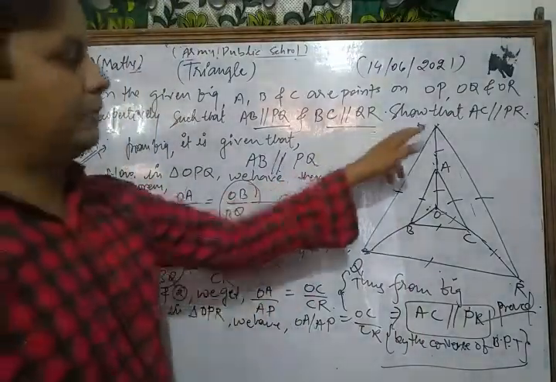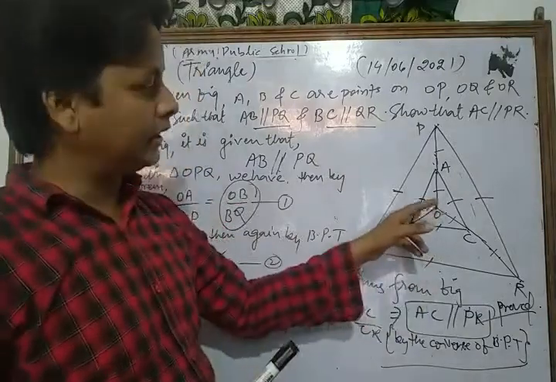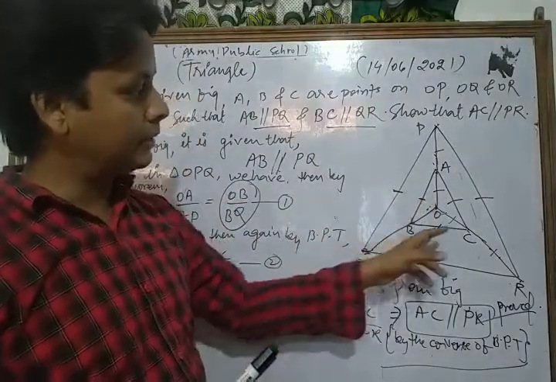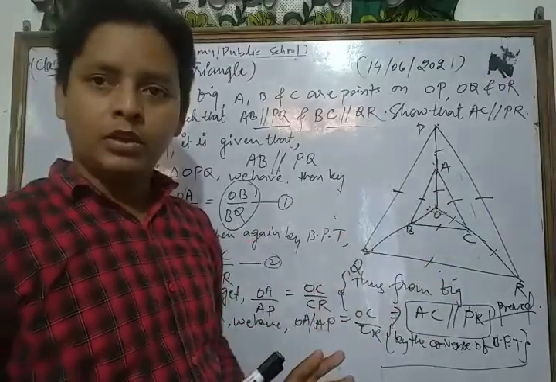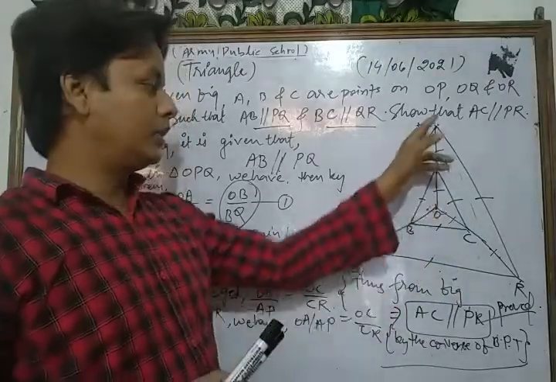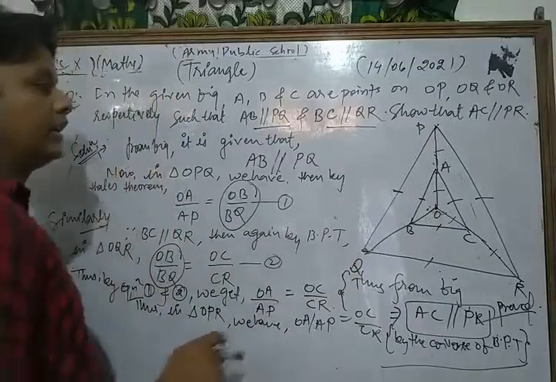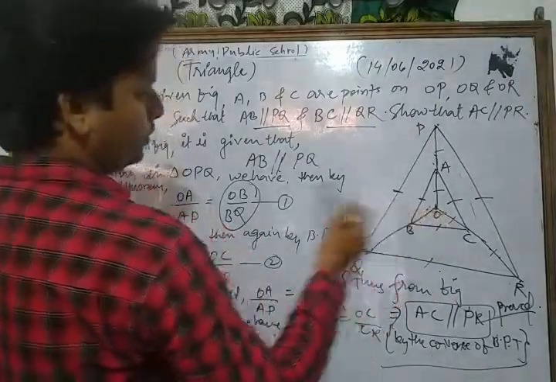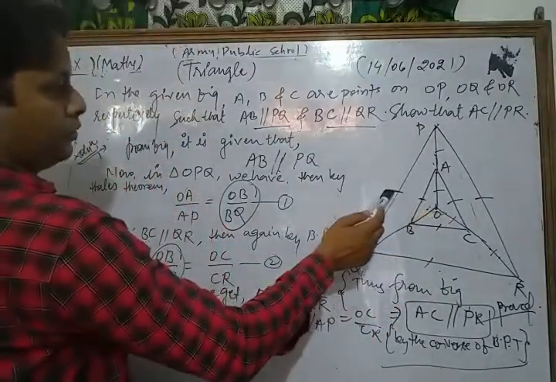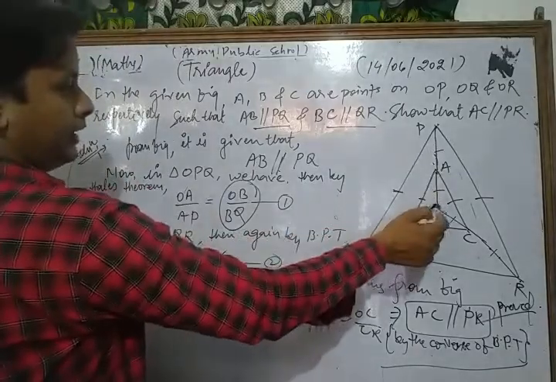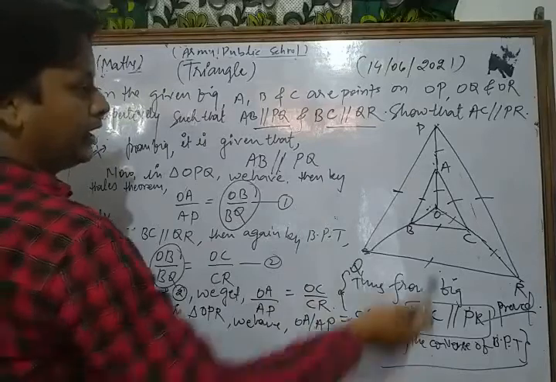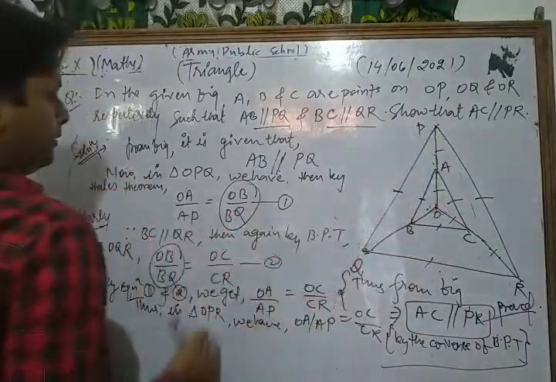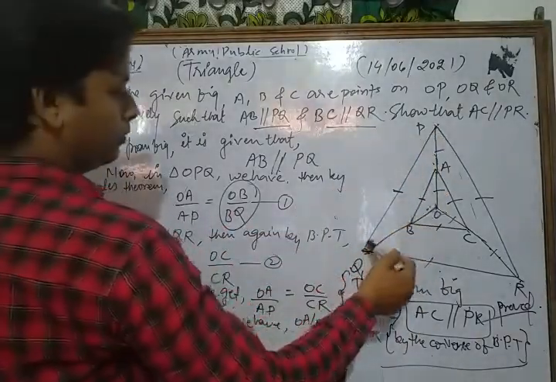We have the triangle PQR, and it is given that AB is parallel to PQ and BC is parallel to QR. Now we have to show that AC is parallel to PR. First of all, we take triangle OPQ, and we have AB parallel to PQ. Then the other two sides divide in the same ratio according to BPT, so OA upon AP is equal to OB upon BQ.